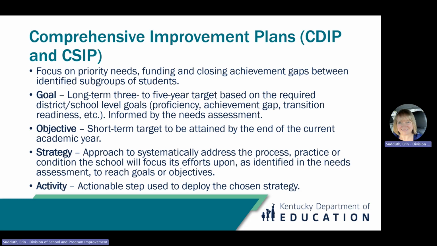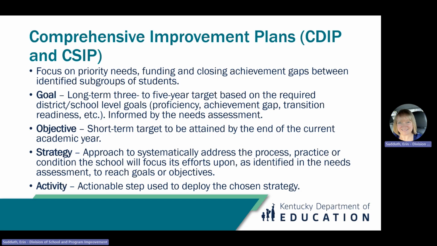Each goal has an objective or possibly multiple objectives to support it. Objectives are short-term targets to be attained by the end of the current academic year. These objectives should be ambitious, but also attainable. High-quality objectives should also be measurable.